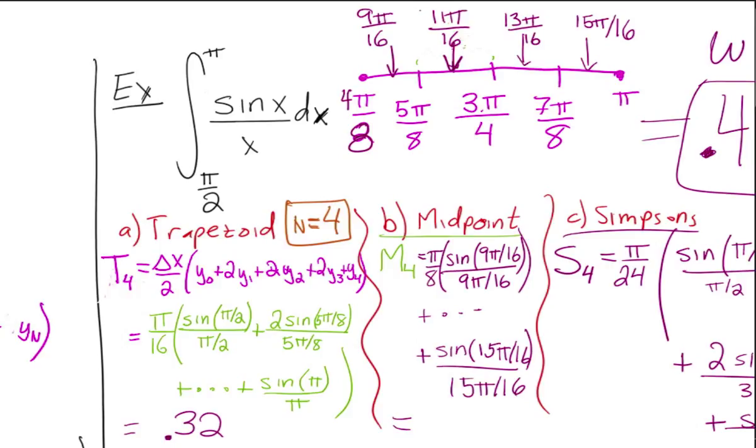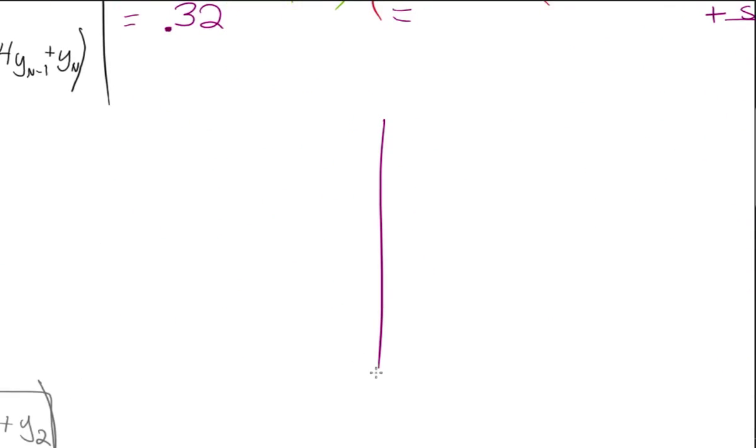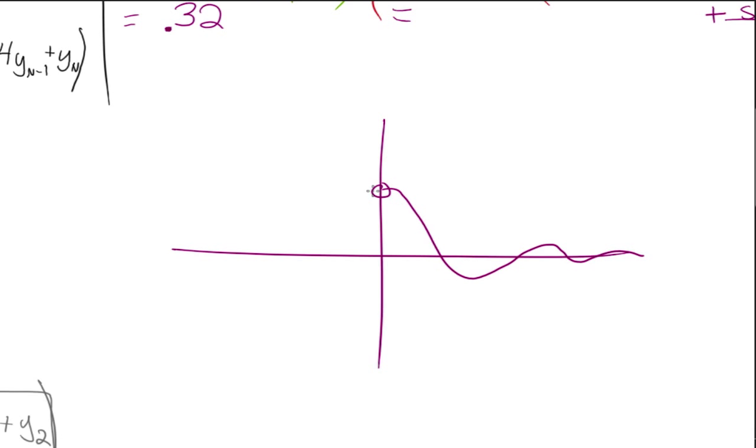Let me find a good spot here. Okay, so it's this one, and it has a hole right there. It's the interesting one that you look at in the beginning where the function isn't defined at 0, but the limit actually exists and it's equal to 1.